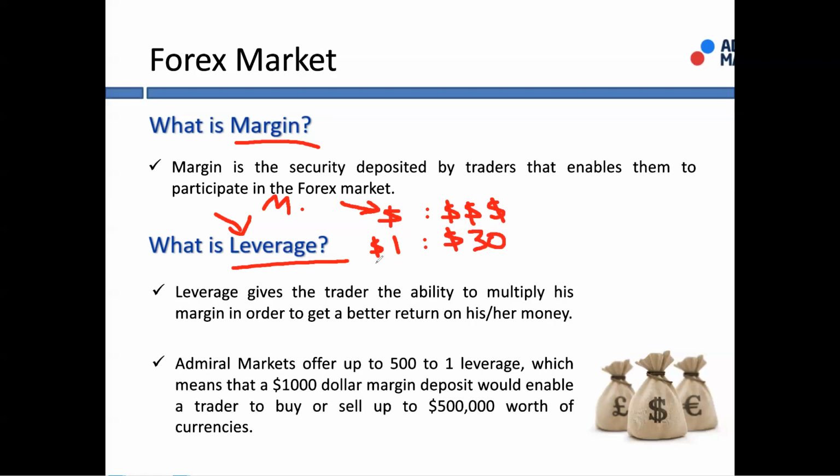So we need $1 to control $30. Now, what if we were placing a trade? This is purely hypothetical, guys. I'm going to use some very random numbers here. Let's go with $60. Imagine we're taking a position that's got a value of $60. We've got leverage 1 to 30. $1 controls 30. How much margin do we need in our account to control this trade?